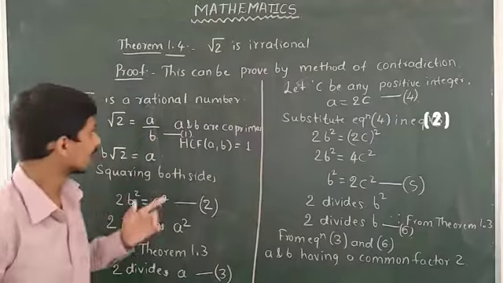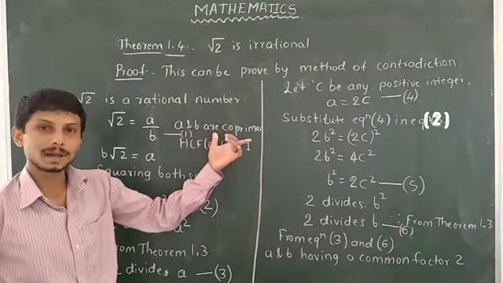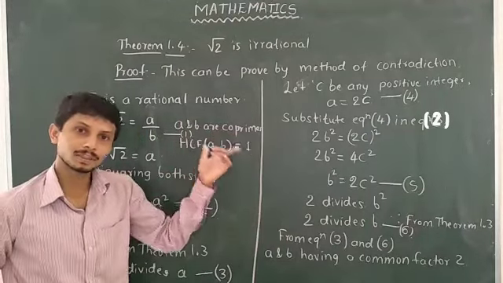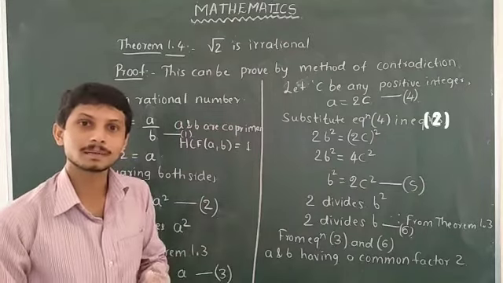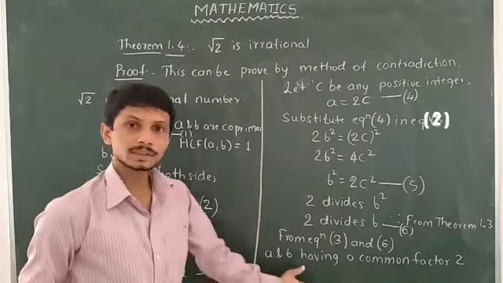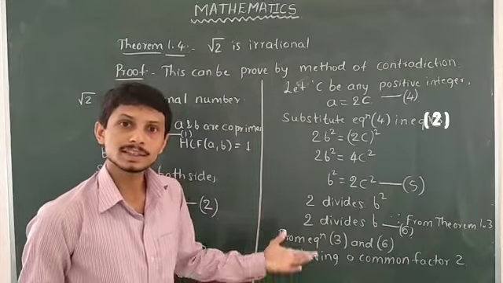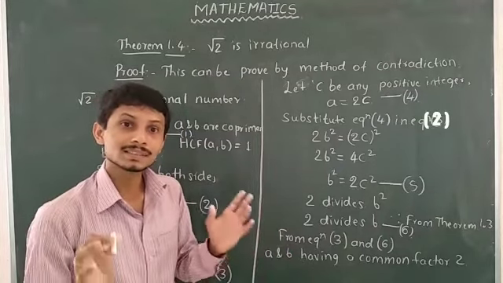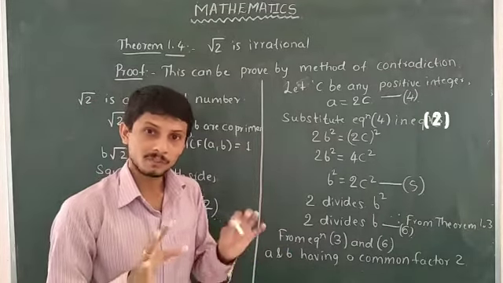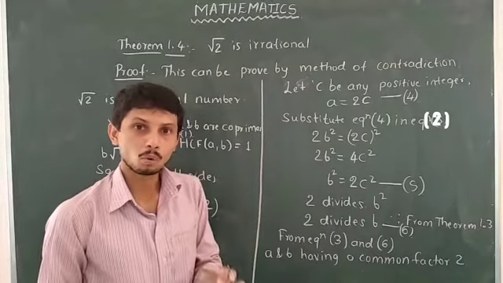But a and b are co-primes, which means the only common factor must be 1. But here there is a chance of 2. So it's impossible. This contradicts the fact that a and b are co-primes.